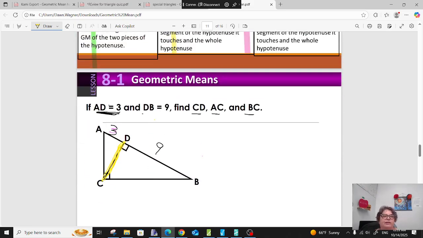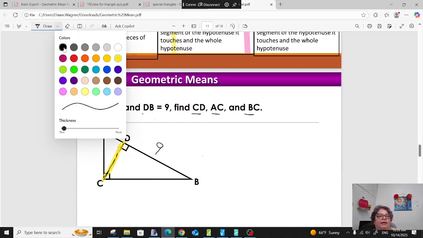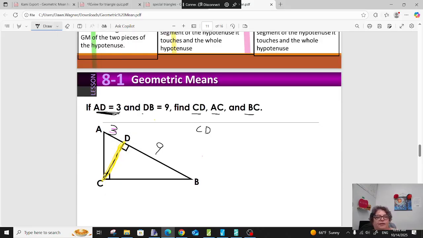So CD, I'm going to have CD up because it's the geometric mean, CD down. The parts are going to be 3 and 9. Does it matter which place I put the 3 or which place I put the 9? No, because you end up just multiplying them together. So I could do 3 and 9, or I could do 9 and 3.